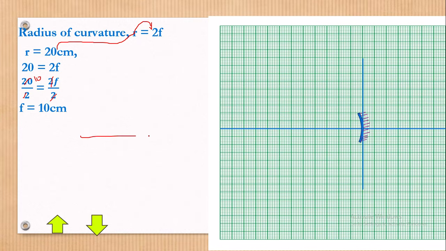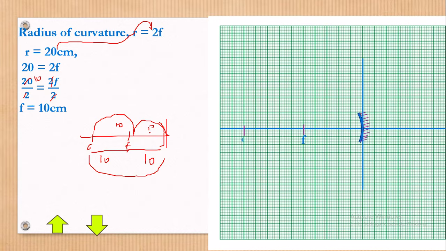Now what you should know is that if you have your focal length F and center of curvature C, and the focal length is 10, from the pole up to F will be 10. And from F up to C should also be 10. So here there must be a 10, and even here a 10. And realize that if you add from the pole to C, you get a 20, of course, the radius of curvature. So that's our F.